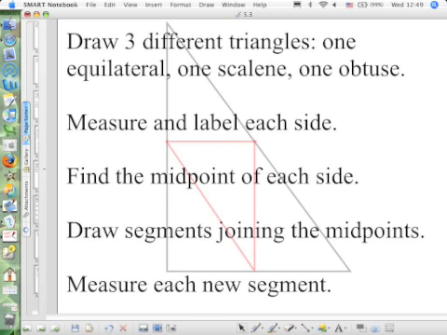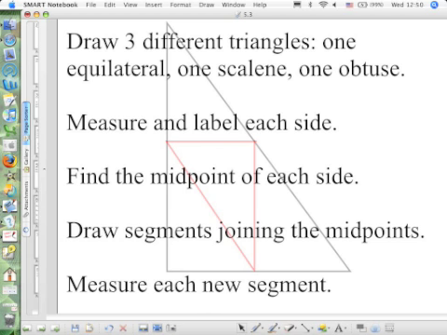Write down your measures and then look at your picture and tell me what you notice. And don't yell it out. Here's a picture of kind of what you should have done. Measure how long is this, how long is this, and how long is this.